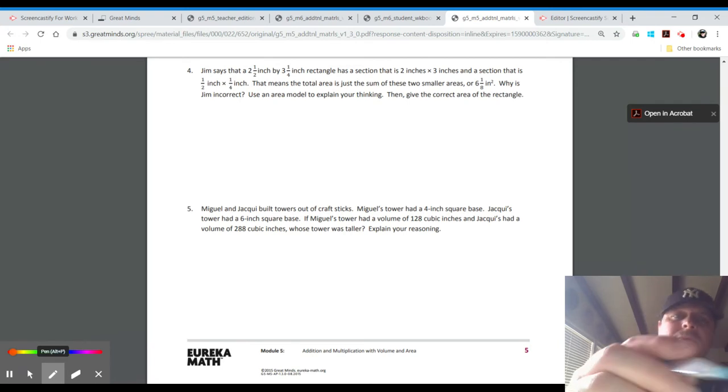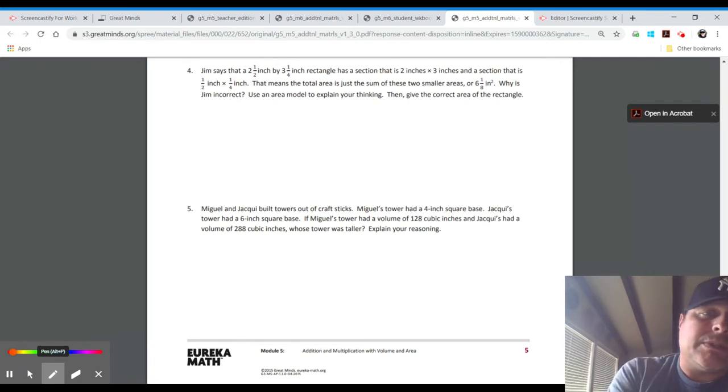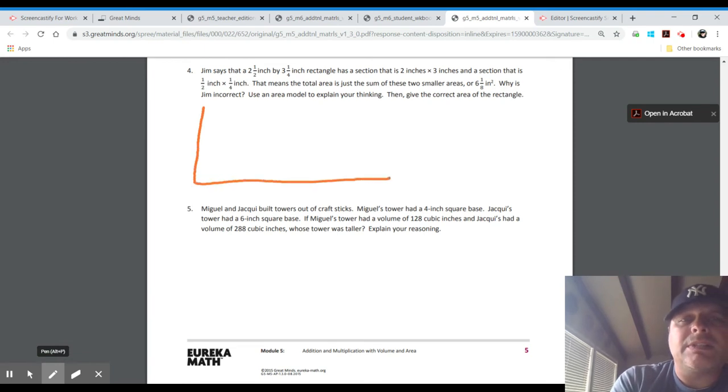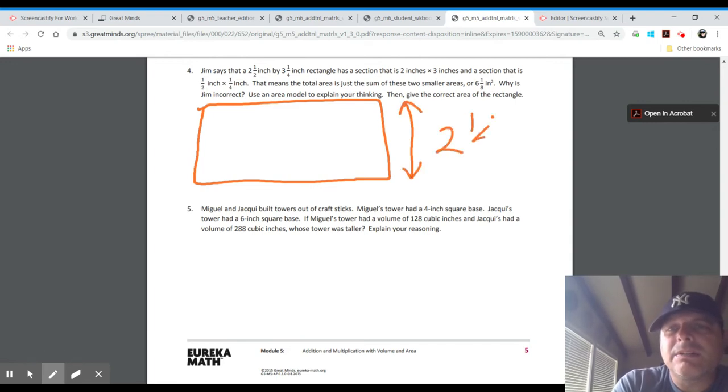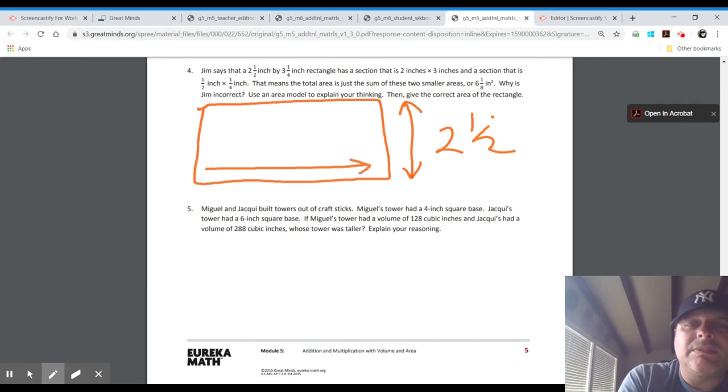Sorry. So let's draw what he's talking about. So he's got a rectangle. And what he did was he said there's a distance of 2.5, so 2.5 right here. And then we have a distance right here of 3 1/4.